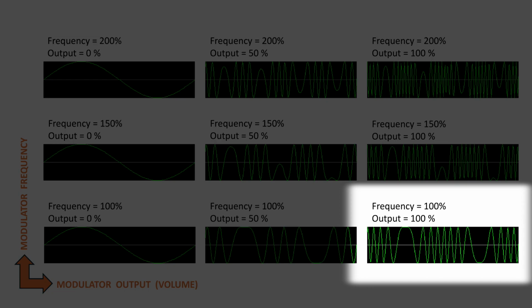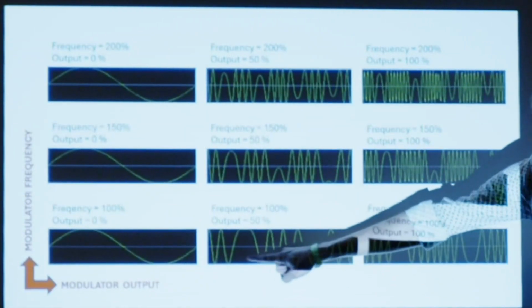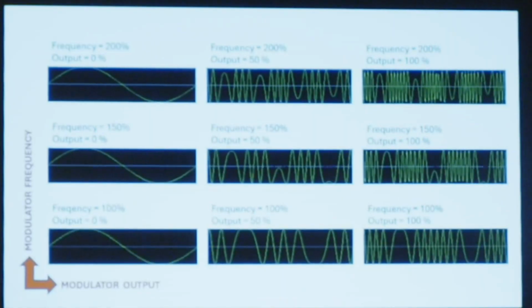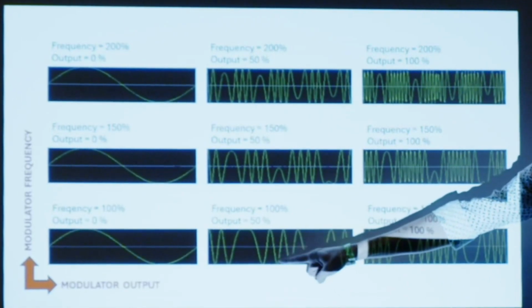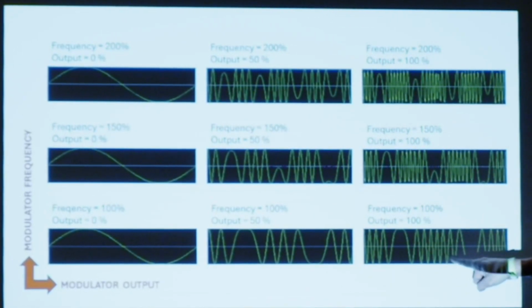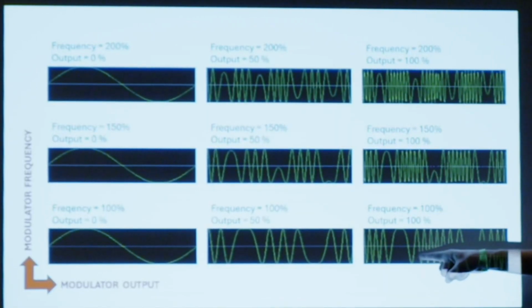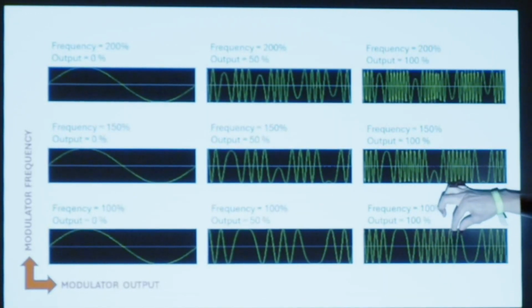I want you to notice, though, these two fat bands here, there's one up and one down. There's also one up and one down here. The only thing that changed was these smaller ones. We went from 50% to 100% output. You're doubling the number of smaller waves.